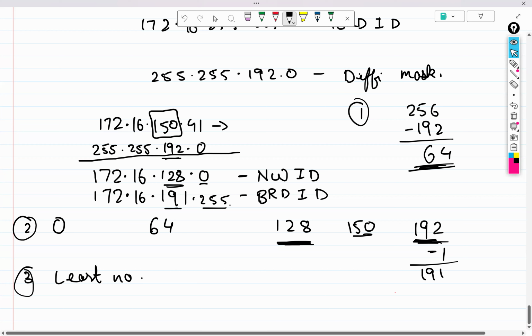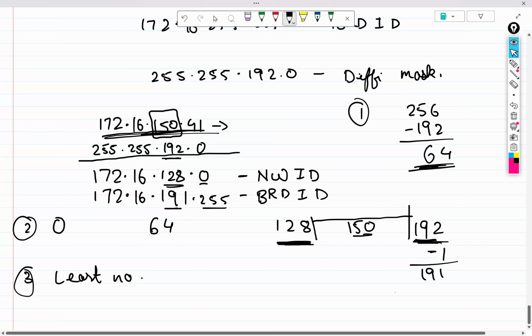This is your broadcast ID. Now, your IP address 172.16.150.41 lies between these two ranges.